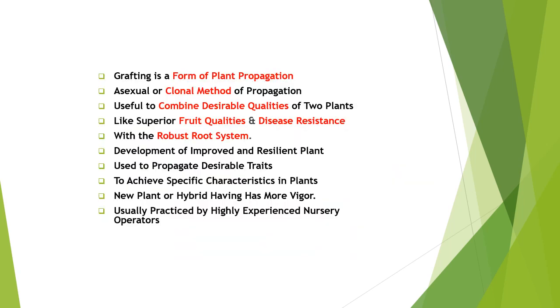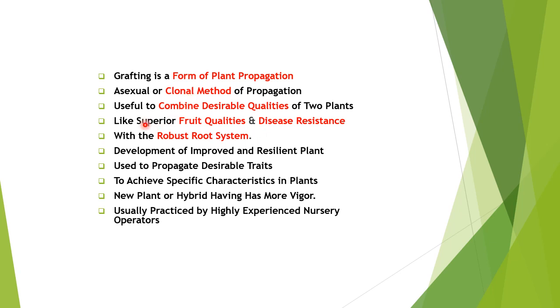That means it is an art of joining two plant parts together, and it is a form of plant propagation, an asexual or clonal method of propagation, where it is useful to combine desirable qualities of two plants. When you find one plant has a good quality and another plant has some other good quality, now you want a plant where both qualities are together.